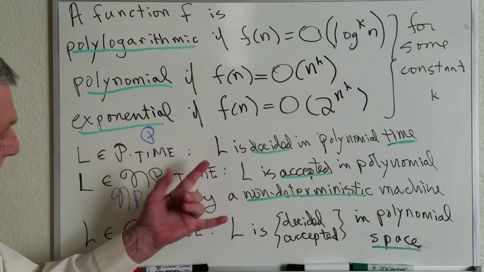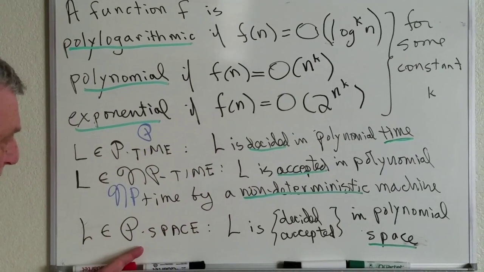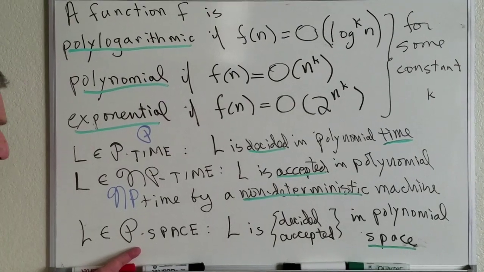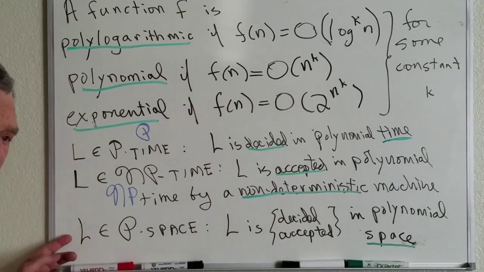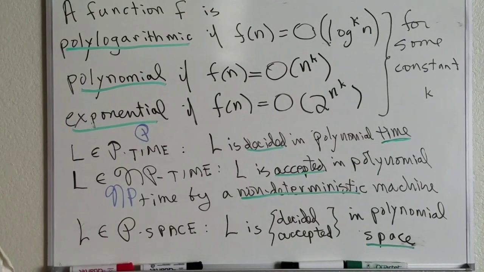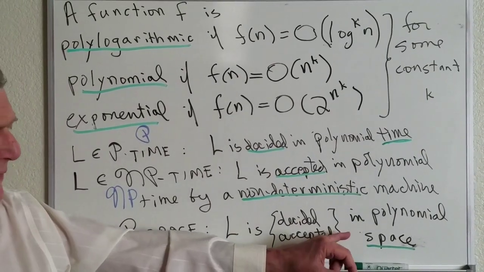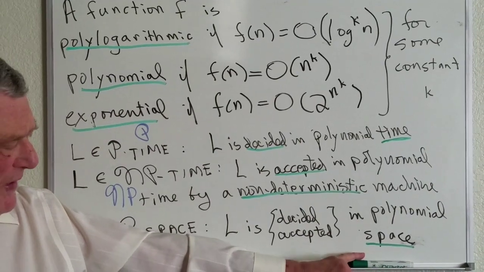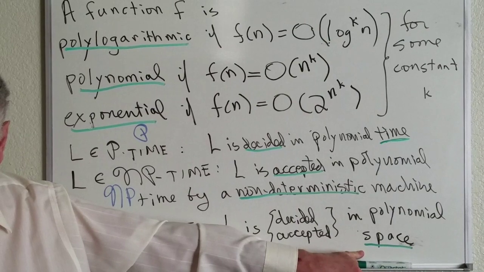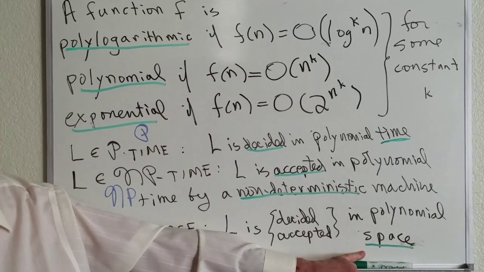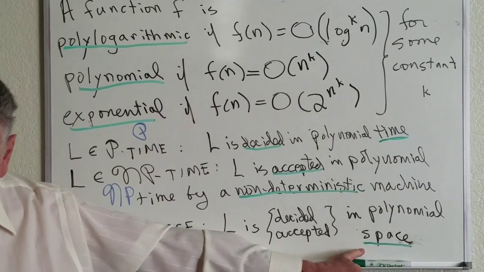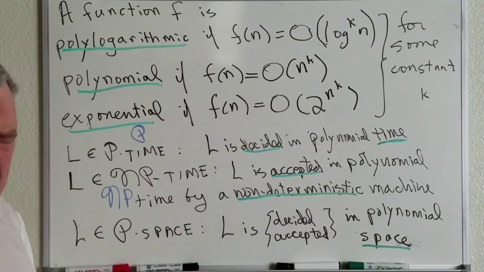All right, now, another class we're going to eventually get to is the class P space. And this is the set of all languages which can be either decided or accepted with a machine that uses no more than polynomial memory. It can take any amount of time, even exponential time, but its memory can't be more than polynomial space. Now, how can you have so little space with more time?